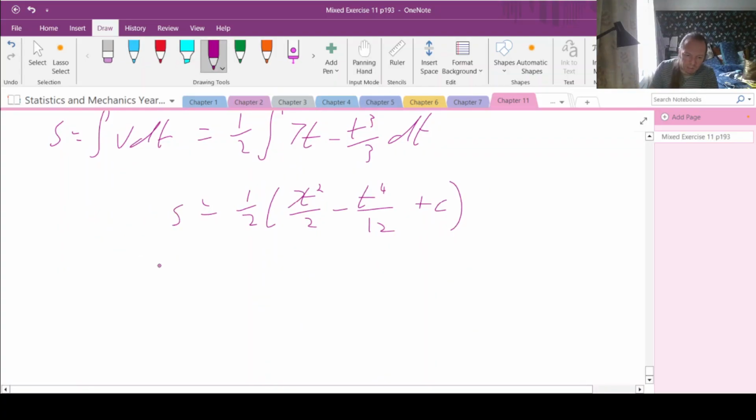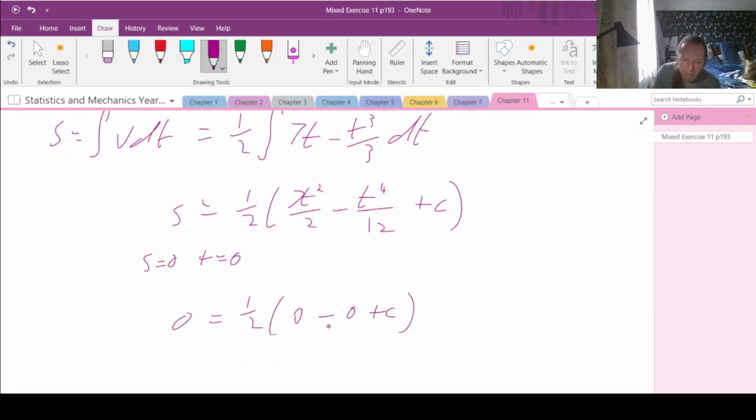I know that my distance was equal to 0 when time was equal to 0. So if I put all of that in, I can say that 0 equals a half times 0 minus 0 plus c. So c is equal to 0.